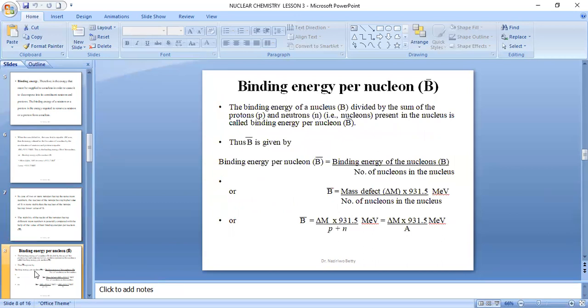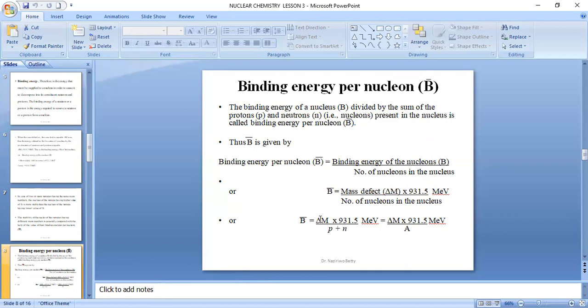How do we calculate the binding energy per nucleon? We get the binding energy of the nucleus, then divide by the sum of the protons and the neutrons, or divide by the atomic mass. Therefore, binding energy per nucleon is equal to the binding energy of the nucleons over the number of nucleons in the nucleus.